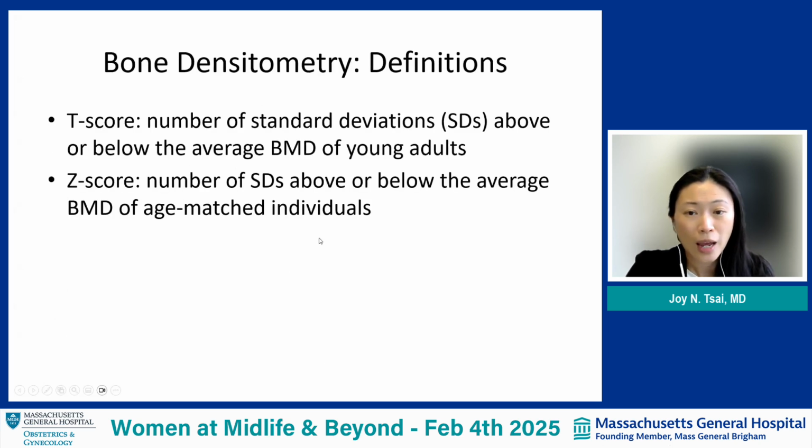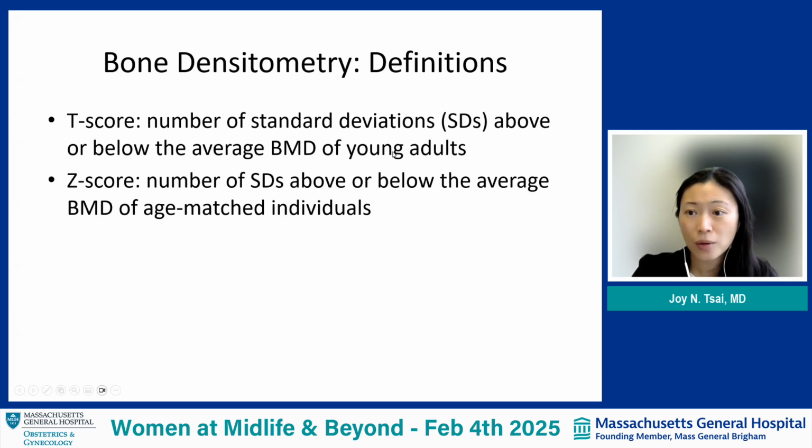So how do you interpret the DEXA scan once you get it? Many of you here in the audience today may have already had a DEXA scan, and you can see the report is pretty complicated. There are two numbers to highlight in particular: a T-score and a Z-score. A T-score is what's going to give you the definition of osteoporosis, and it's defined as the number of standard deviations, or SDs, above or below the average bone density of young adults.